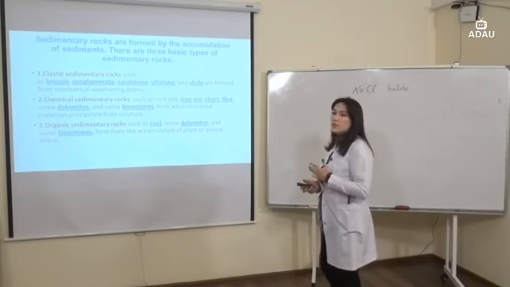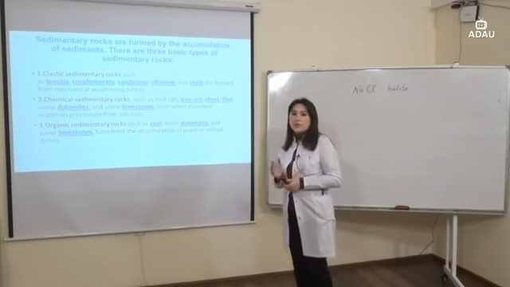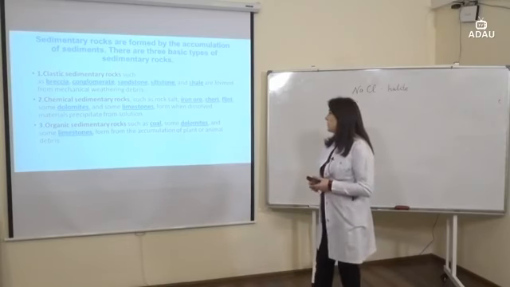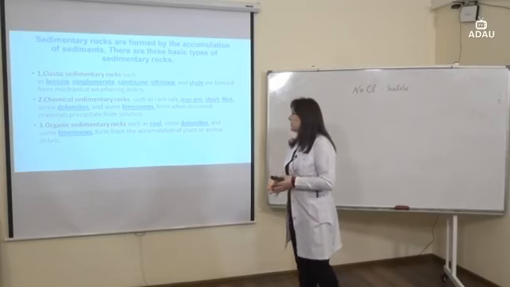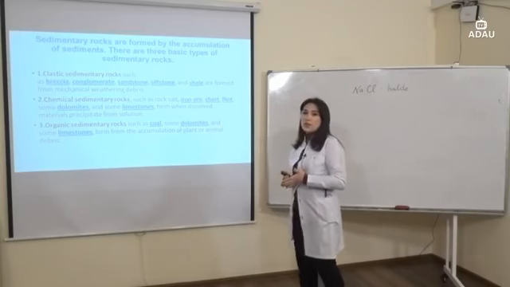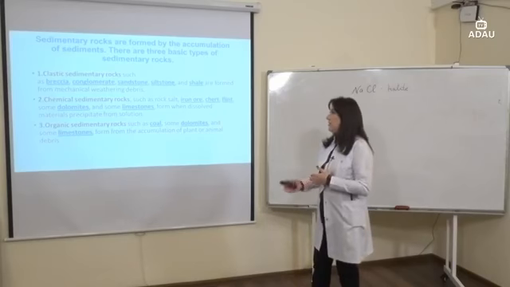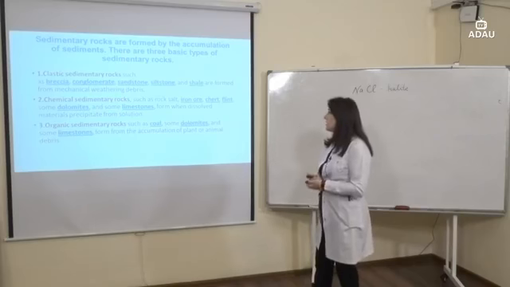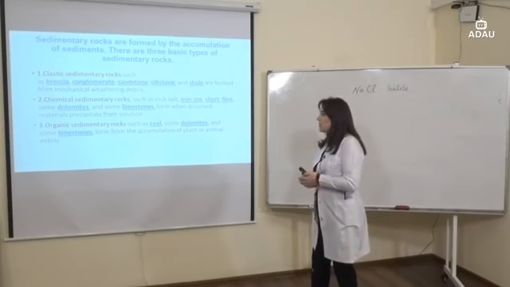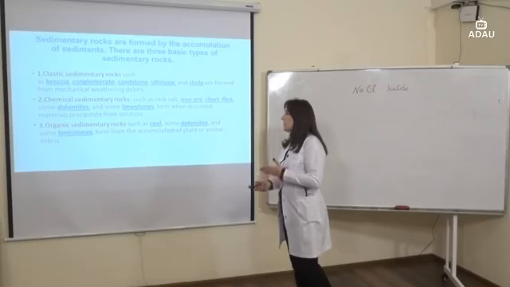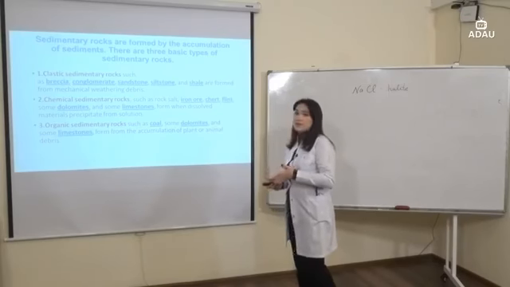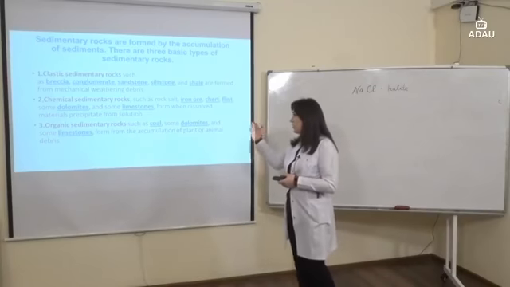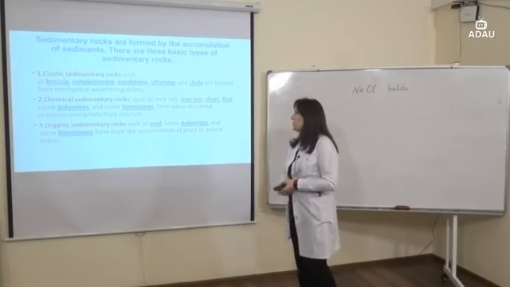Chemical sedimentary rocks occur through chemical processes. For example, dissolved material precipitates from the solution, and chemical sedimentary rocks occur. Dolomites, limestone, iron ore, chert, flint, also some salts, calcite, limestones, also rock salt are chemical sedimentary rocks.